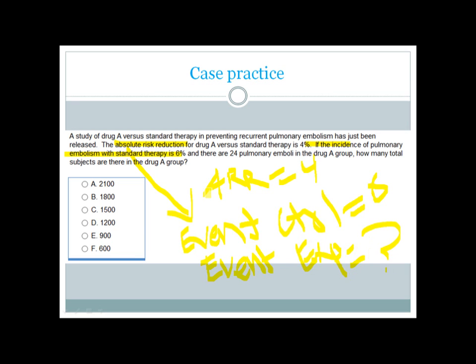As we know from our previous knowledge, ARR is the event rate in control minus the event rate in exposure. So from this equation, 4% can be written as follows.